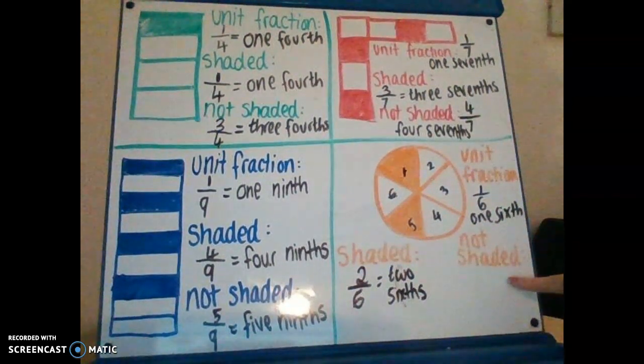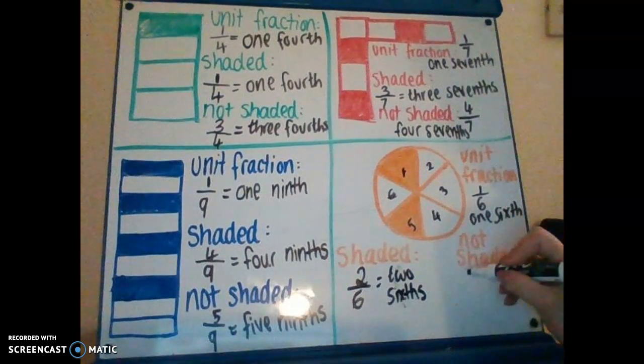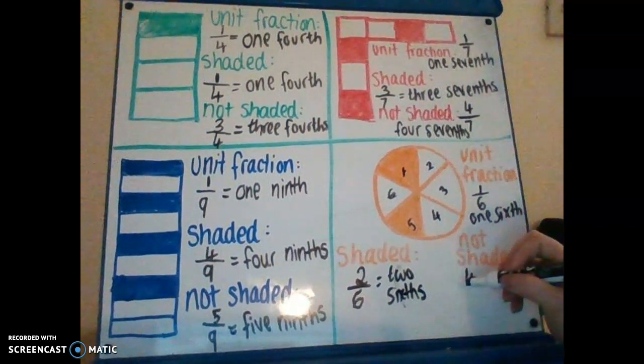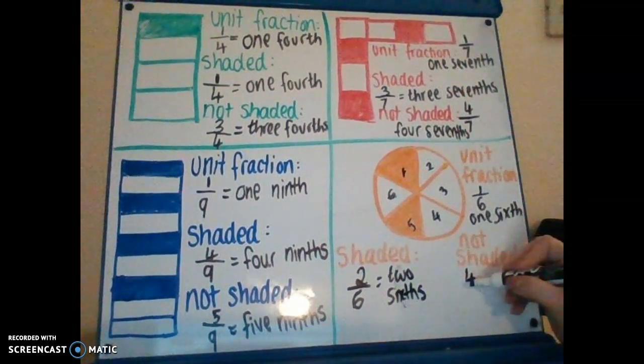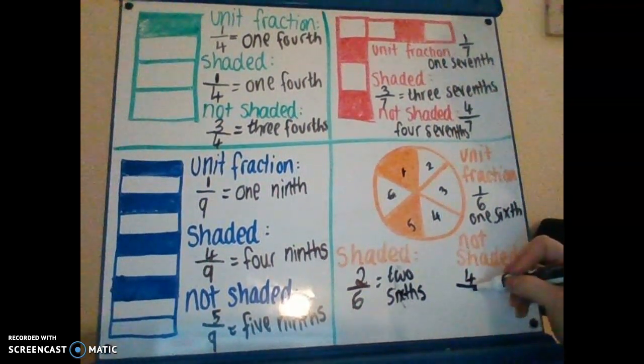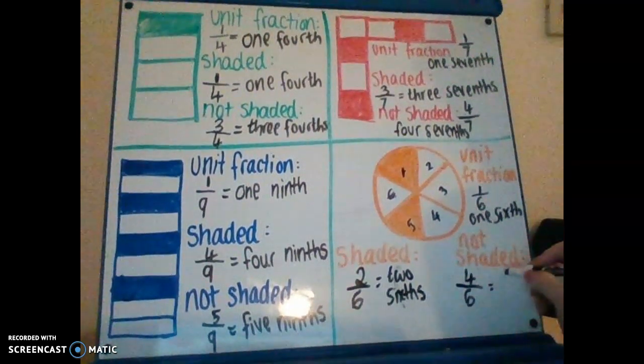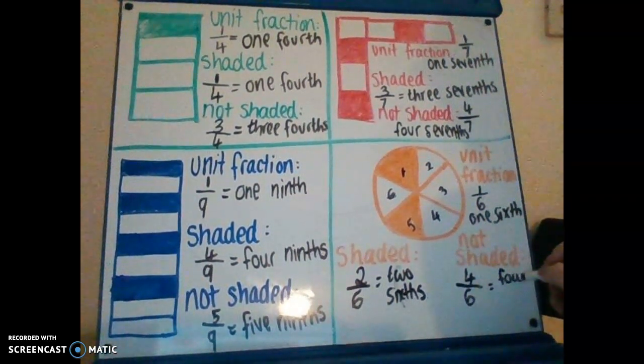Not shaded, 1, 2, 3, 4 are not shaded. Numerator is the total number that we're counting. Denominator is the total number of equal parts. We know there's 6 equal parts in this whole. So not shaded is 4/6.